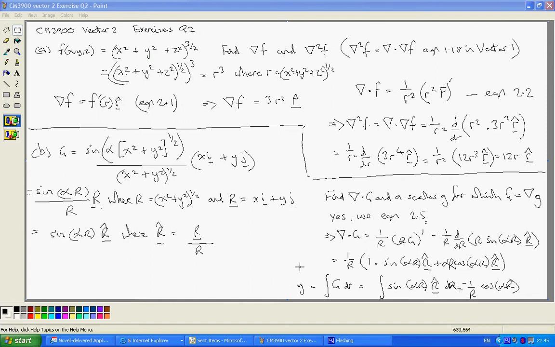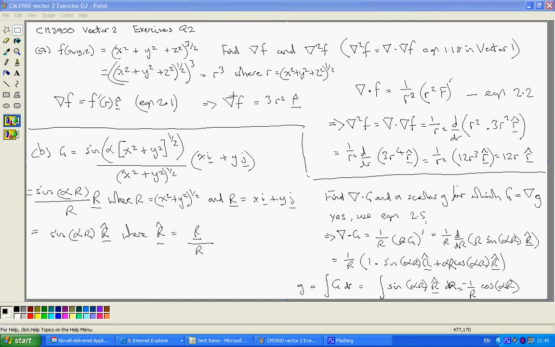Now, the first thing we're asked for is to find del f, and we should refer to equation 2.1 for this, which tells us that del f is equal to f dashed of r times r hat.